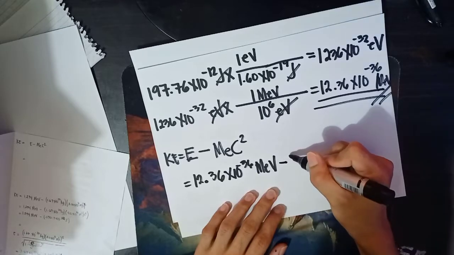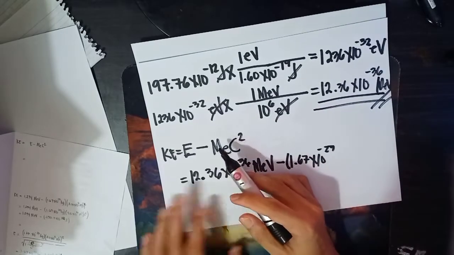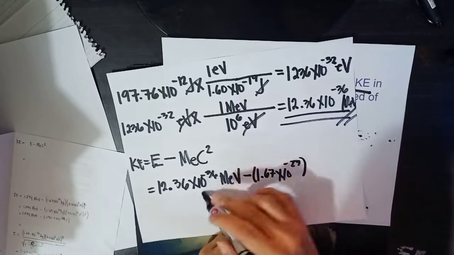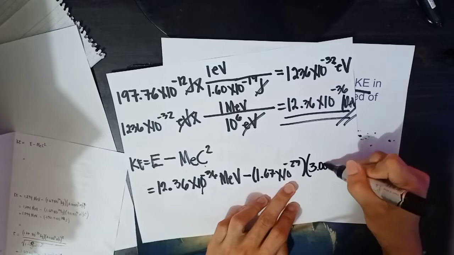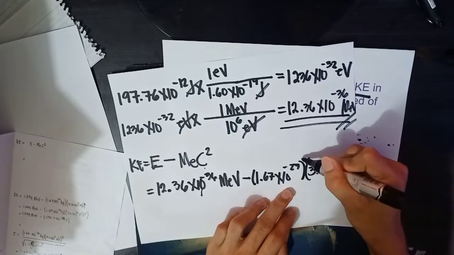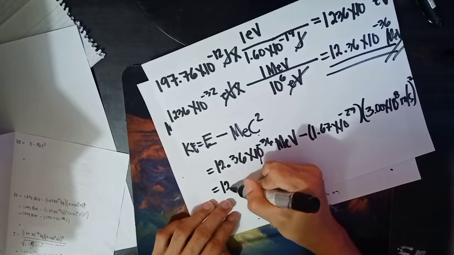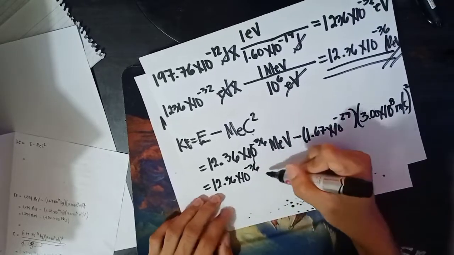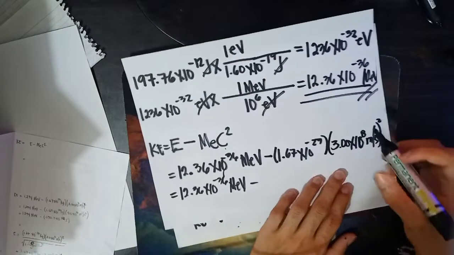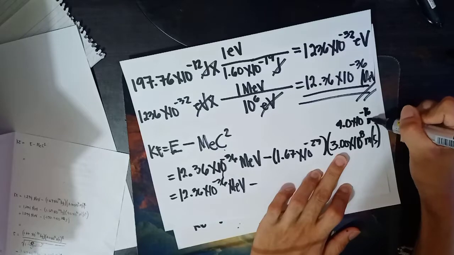Minus 1.67 times 10 raised to the power of negative 27, that is the mass of the proton, times c squared, the 3.00 times 10 raised to the power of 8 meters per second squared, which is 9.0 times 10 raised to the power of 16 meters squared per second squared.